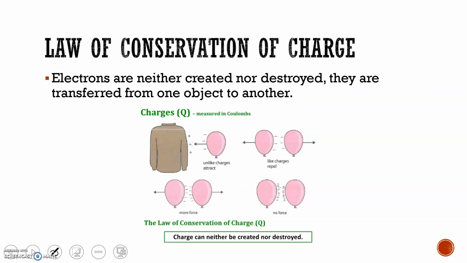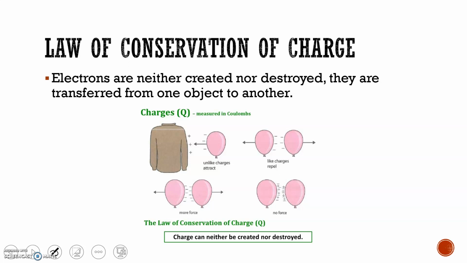The law of conservation of charge: we've talked a lot about the law of conservation of anything, like the law of conservation of energy and the law of conservation of momentum, and now we can look at charges. This means that electrons are not created or destroyed. They're just transferred from one object to another.